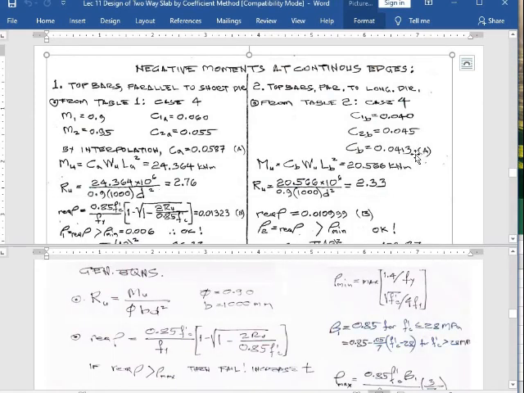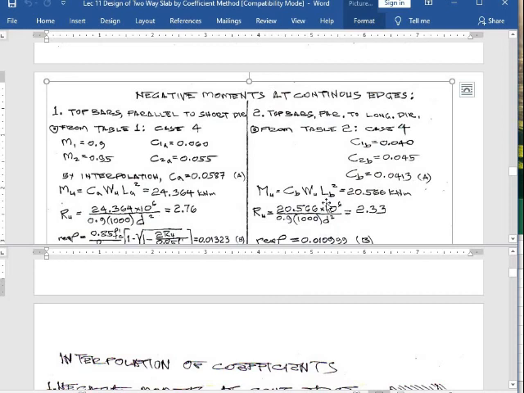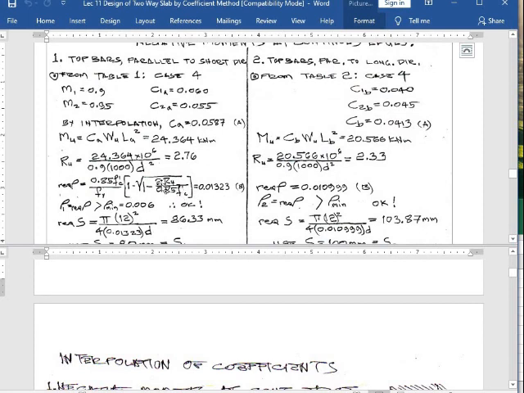Then you immediately multiply it by W sub U and LB squared. So you now have 20.566. Multiply that by 1 million divided by 0.9 BD squared. You have 2.33. Tapos, you go back to this equation again. Your required rho is 0.010999.